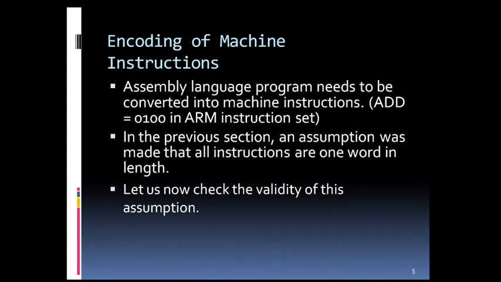In the previous sections, we made a simplifying assumption that all instructions are one word in length. So whatever instructions we have used in any of the programs or examples, we have assumed that all instructions are of the length of one word. Since we usually refer to 32-bit words, the word size is 32 bits or 4 bytes.